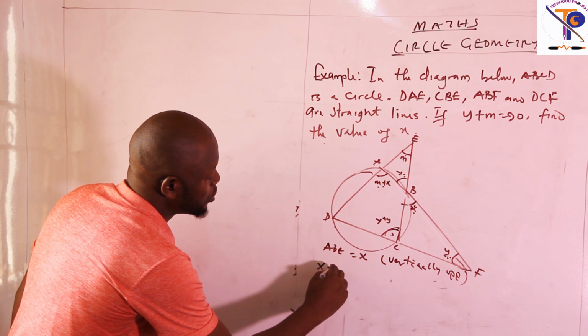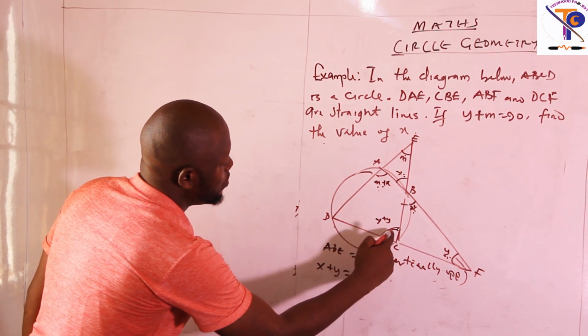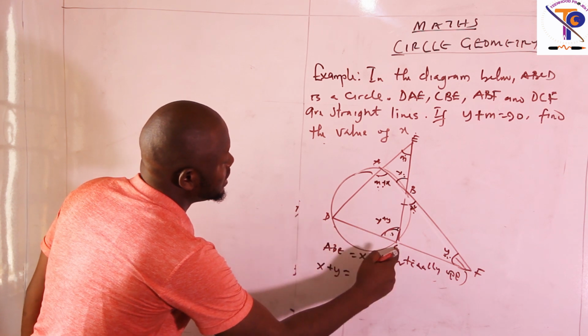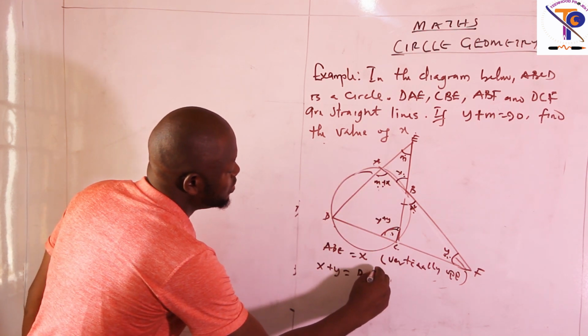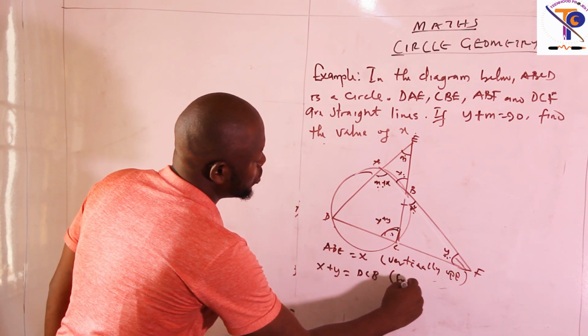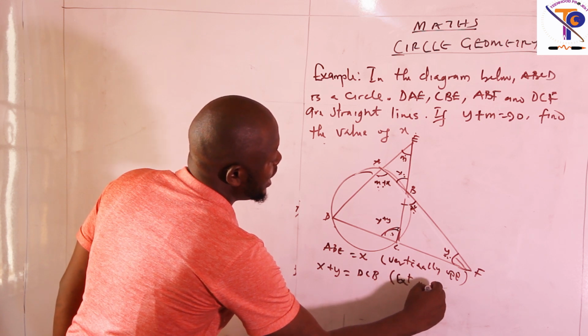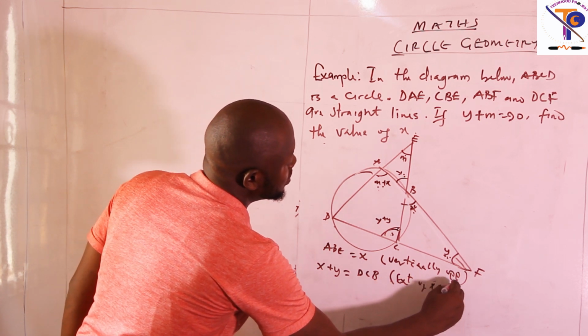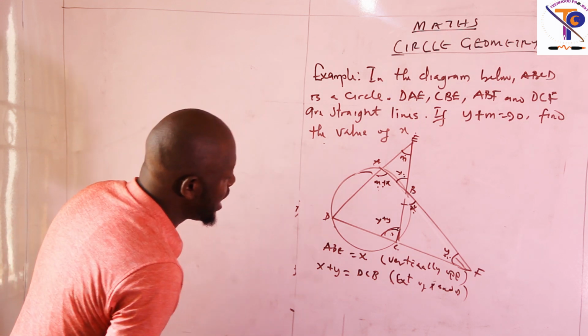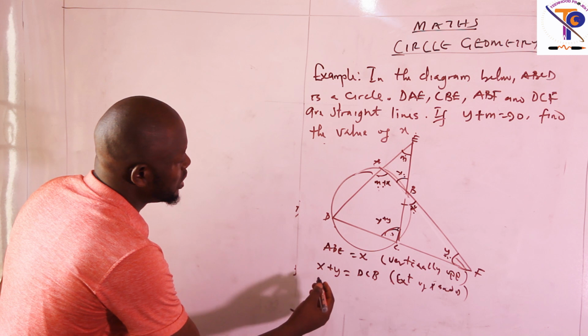So x plus y will be equal to this angle, that is DCB, y, exterior angle of x and y. So from here I think I have this one too.